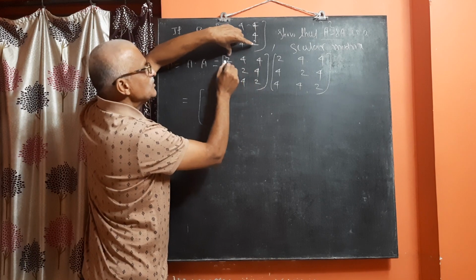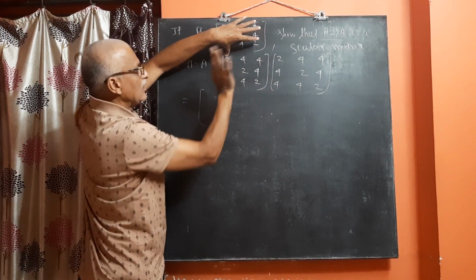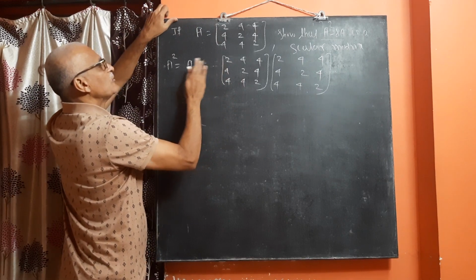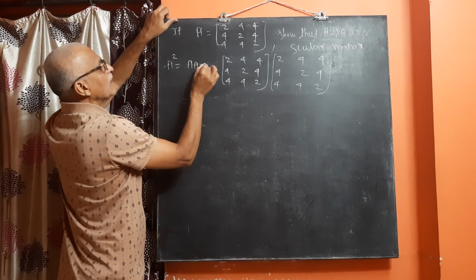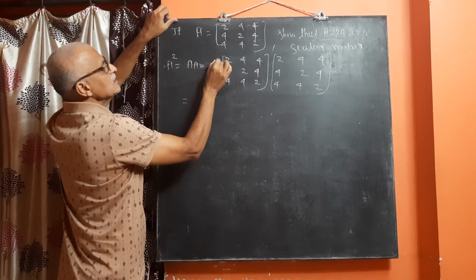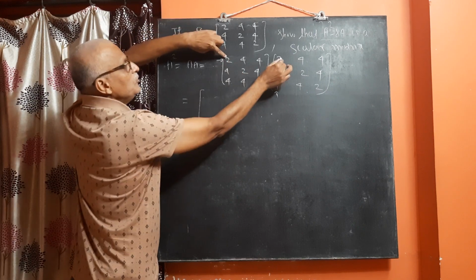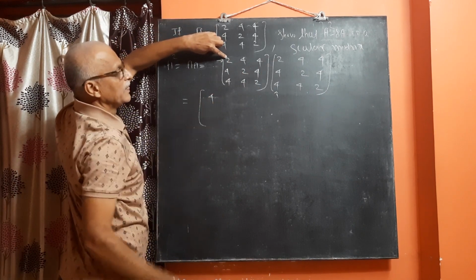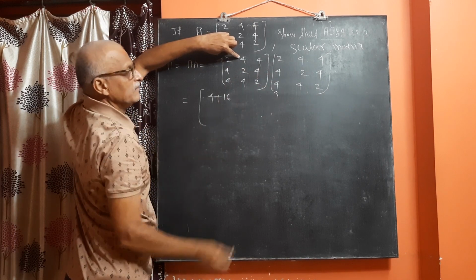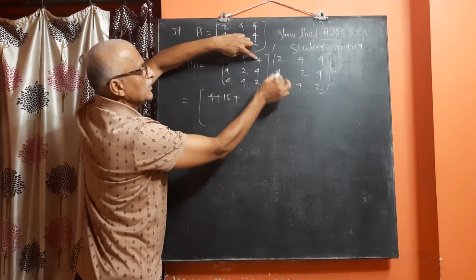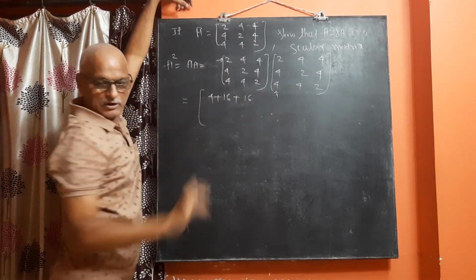First row into first column: 2 into 2 is 4, plus 4 into 4 is 16, plus 4 into 4 is 16. So this is first row, first column.